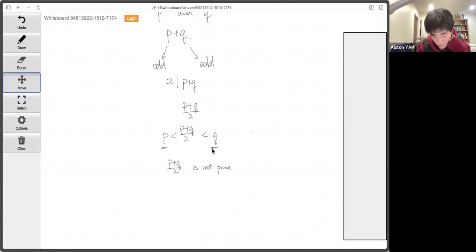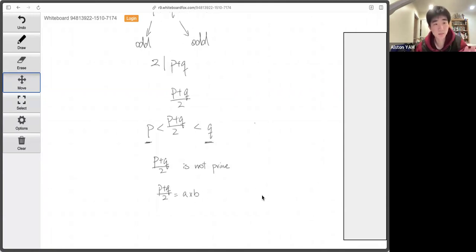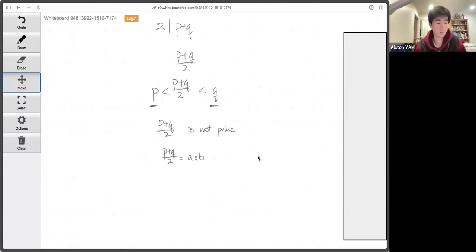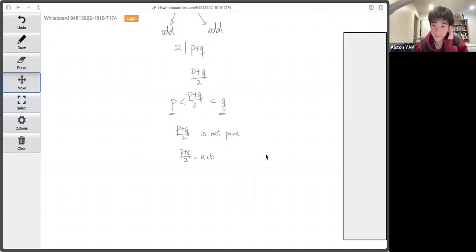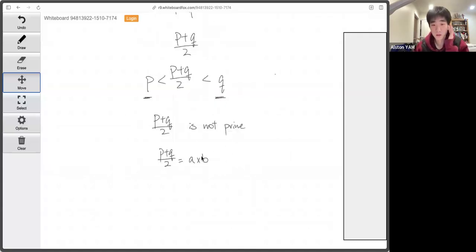So we must have (P plus Q) over 2 equal to A times B, where A and B are positive integers bigger than 1.